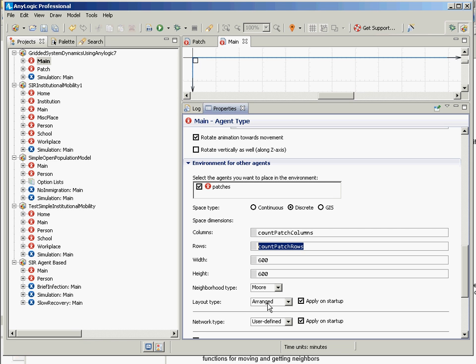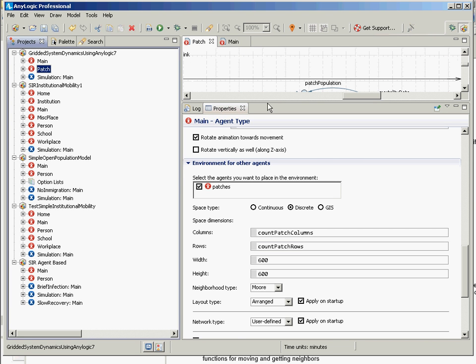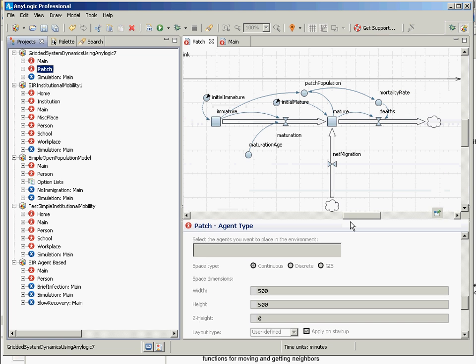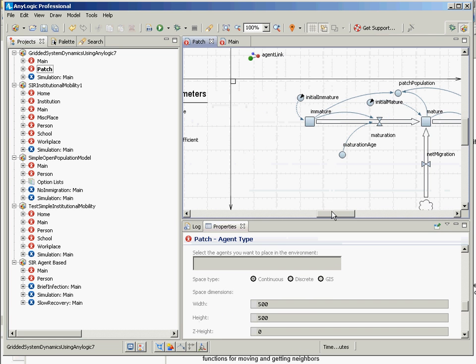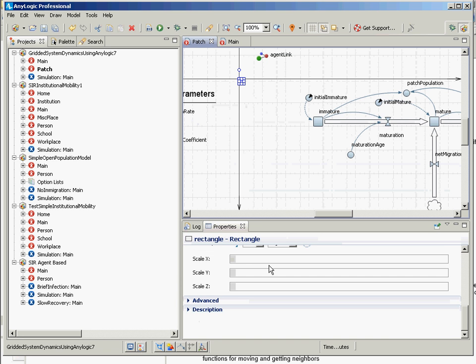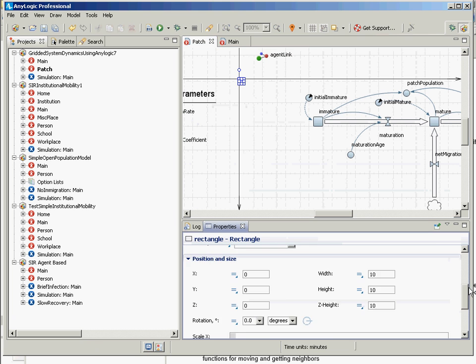So let's take a look at each patch. Each patch is dictated according to these stocks and flows. And here, up in the upper left, we have a rectangle whose color is set by a formula.